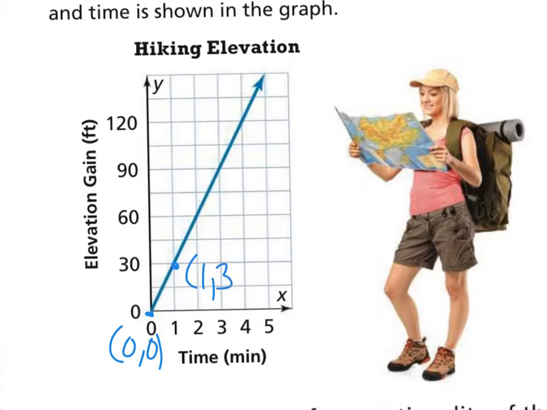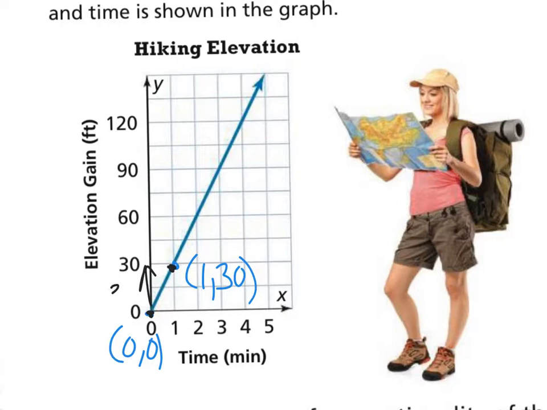And as we might have mentioned before, it is proportional, so we basically got that 1, 30 like our unit rate point. We know what our unit rate is, which is going to be our slope as well.